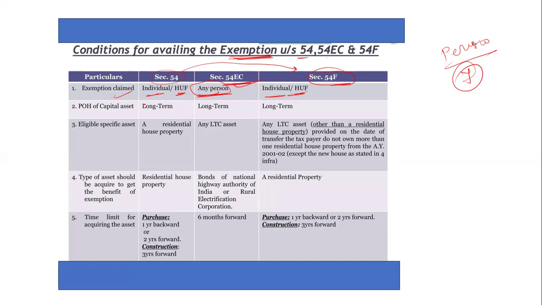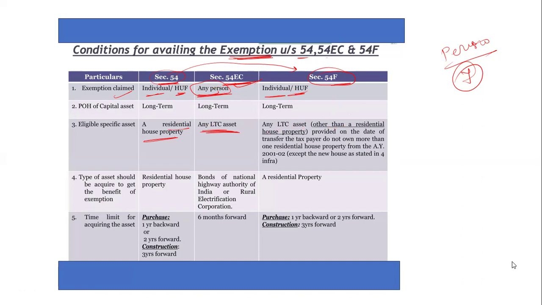Now, what is section 54 for? Section 54 is for residential house property, and section 54EC is for any long term asset. Section 54F is for any long term asset other than residential house property.